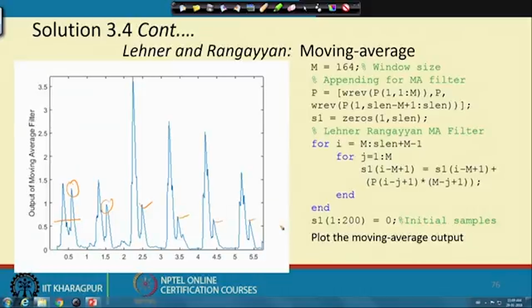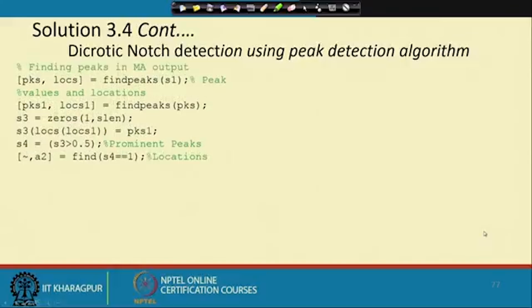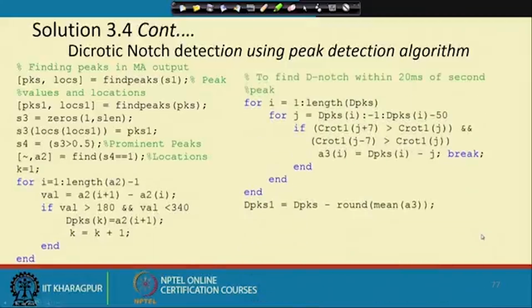Okay. So, the plot of the moving average we have actually given here, after the MA filter, and we use the peak detection algorithm, find peak, which is above the threshold we are looking at, and with that we are finding out the dielectric notch which is within 20 milliseconds of the peak.